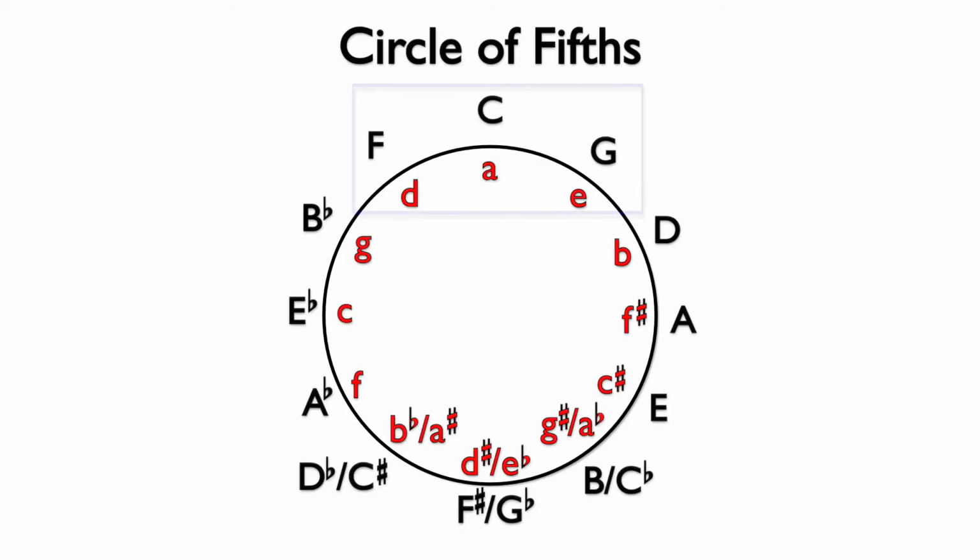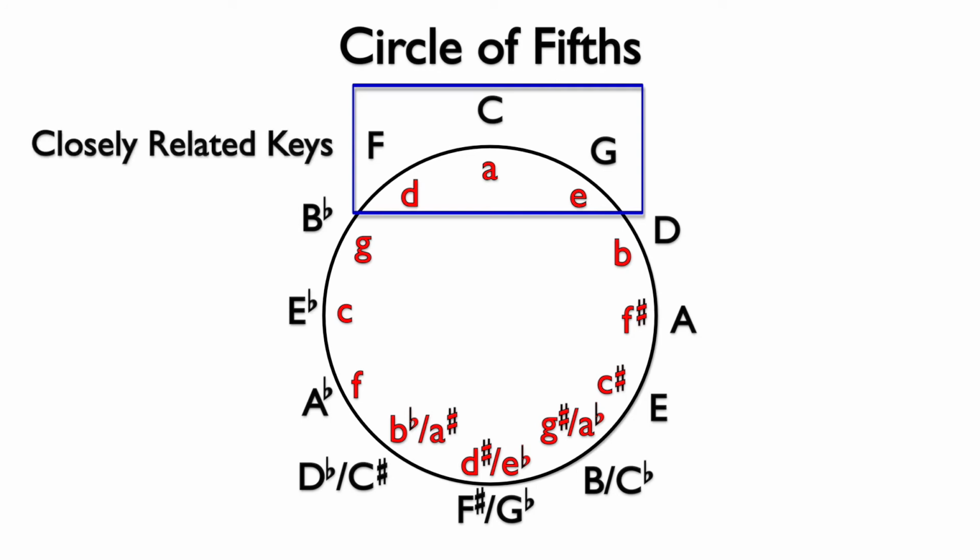Keys that are next to one another on the circle of fifths are considered closely related keys. This includes the major keys and their relative minors. If we take the key of C major, for example, G is one key moving clockwise on the circle, and F is one key moving counterclockwise on the circle.